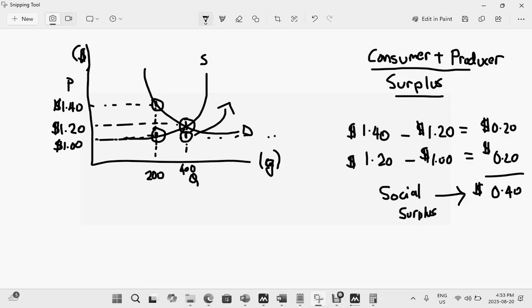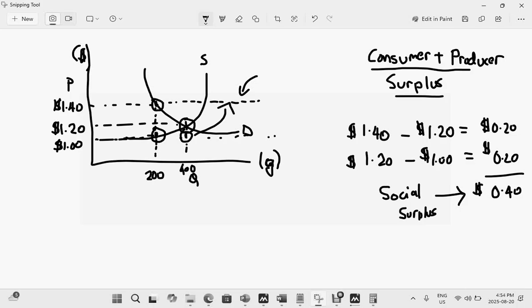However, if the price floor, and let's assume this is your second price floor, is at $1.40, the price floor basically meant that the producer would not have a need to sell the gasoline for less than $1.40.